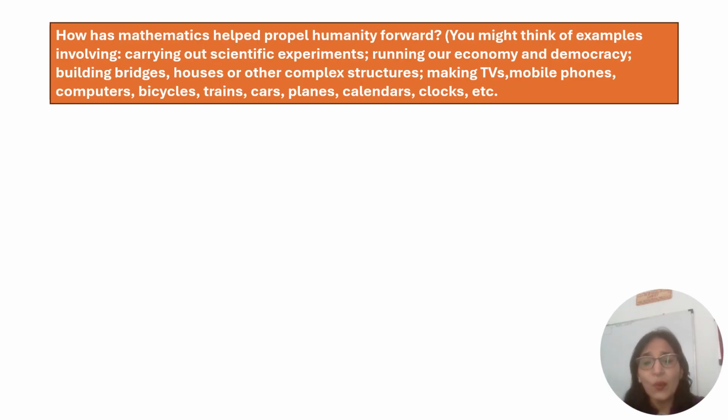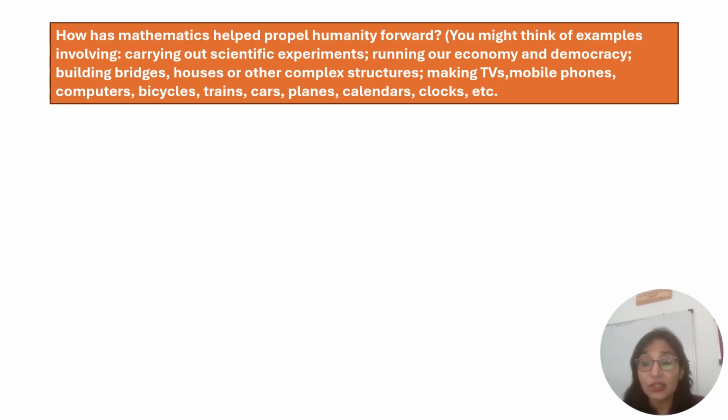Let's see how mathematics has helped humanity. You might think of examples like carrying out scientific experiments, running our economy and democracy, building bridges or houses or other complex structures.